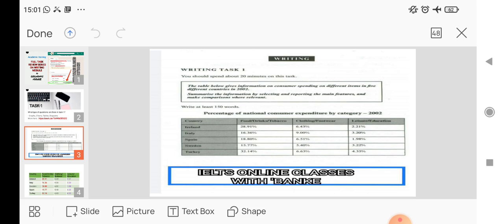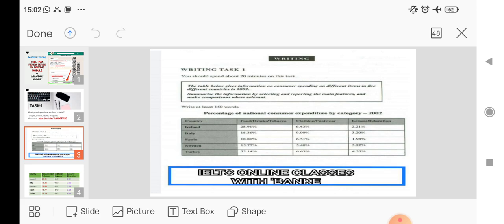You are to summarize the information by selecting and reporting the main features and make comparisons where relevant. You are expected to write at least 150 words. So that means any number of words between the range 150 to 250 will be very good. However, if you write less than 150 words, you run a risk of getting below band 7.